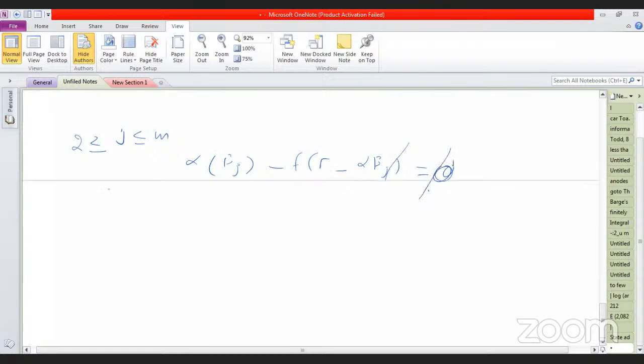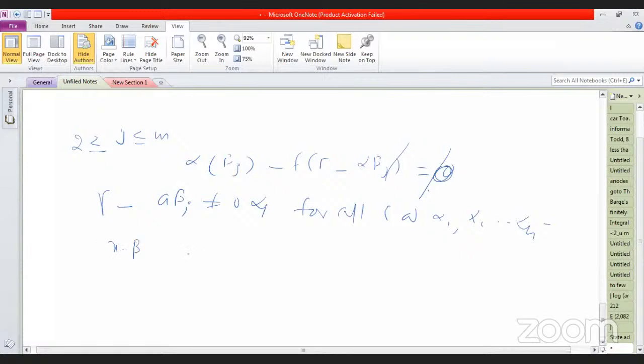Because gamma minus a beta j is not equal to alpha i for all i, where alpha 1, alpha 2, and so on up to alpha n are the roots of f(x). Therefore x minus beta is the common factor of g(x) and h(x) in F(gamma)[x]. Now beta is algebraic over F, and hence over F(gamma).